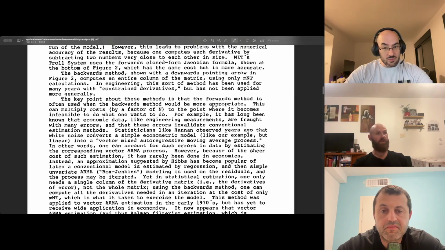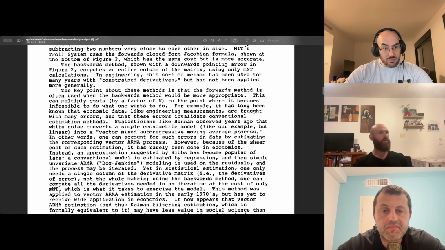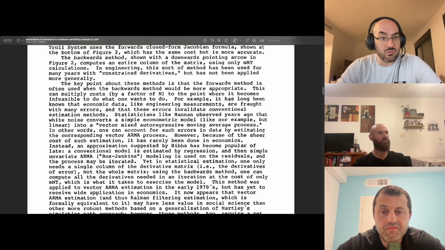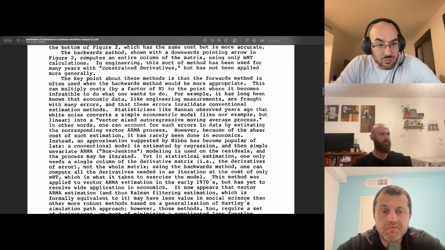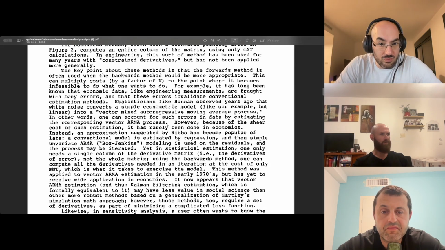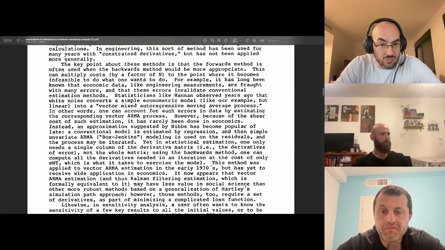And here it says, for example, it has been long known that economic data, like engineering measurements, are fraught with many errors, and that these errors invalidate conventional estimation methods. Statisticians, okay, now he gives examples like ARIMA. But he says, however, because of the sheer cost of such estimation, it is rarely being done in economics.